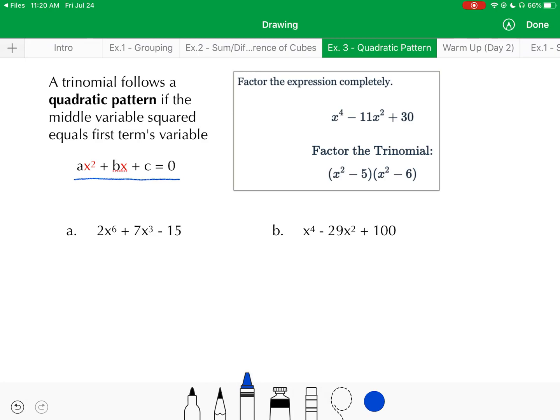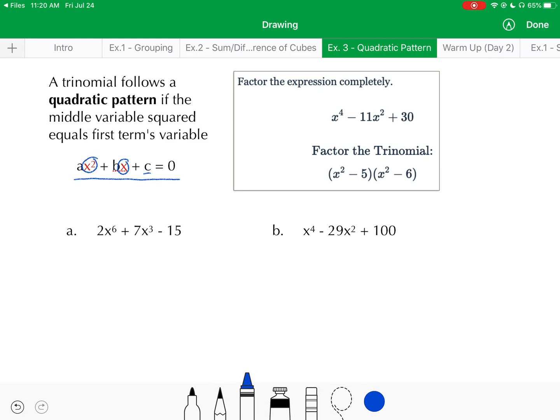So a trinomial follows a quadratic pattern if the middle variable squared equals the first term's variable. So the middle variable here is x. If I square that, I get x squared, right? And then, of course, you need a constant right here for this to be considered a quadratic pattern, okay?